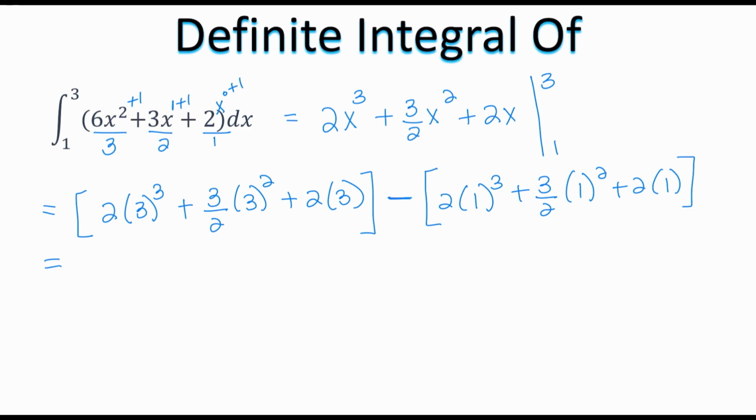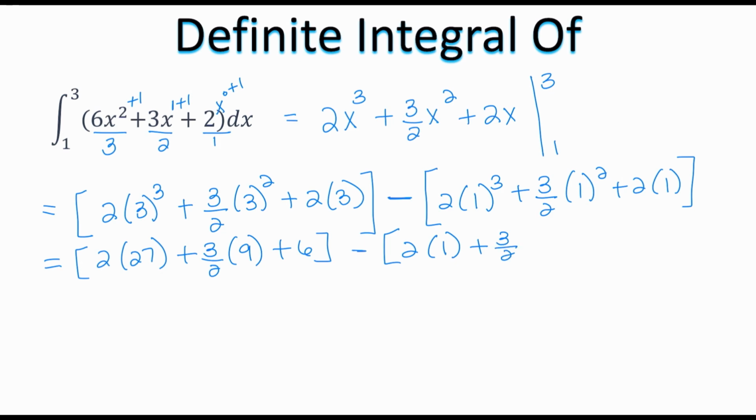If I do order of operations, I'm going to end up with 2 times 27, because 3 to the third power is 27, plus 3 over 2 times 9, because 3 squared is 9, plus 6, minus 2 times 1 to the third power, which is still 1, plus 3 over 2, 1 squared is still 1, and then of course 2 times 1 is 2.